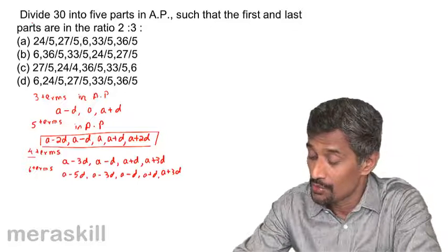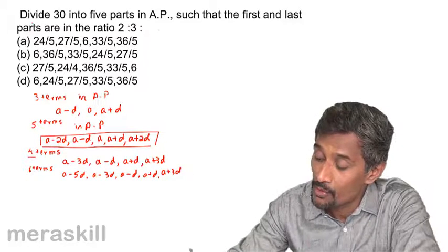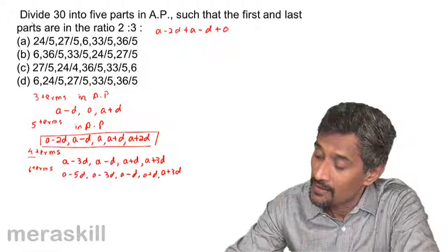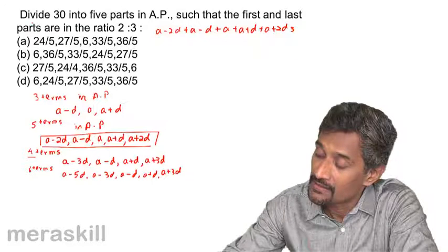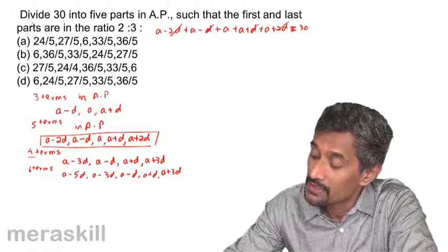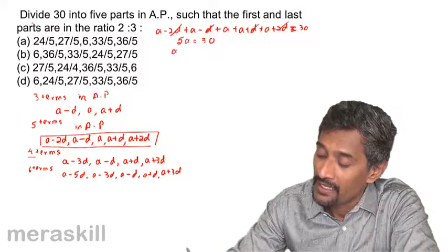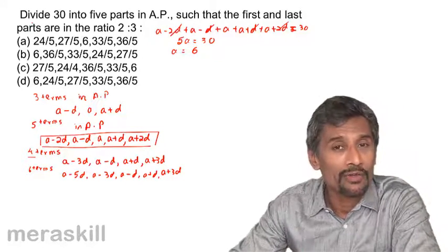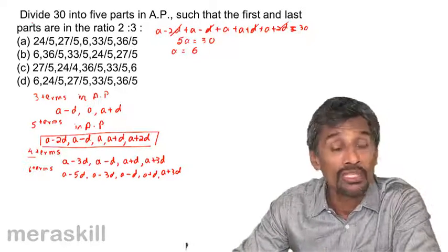We take the 5 parts as a minus 2d, a minus d, a, a plus d, a plus 2d. On adding all the parts we get 30. All the d terms cancel, so you're left with 5a equal to 30, and a is 30 by 5, which is 6. So we already found the middle term, and now you need to find out what d is.